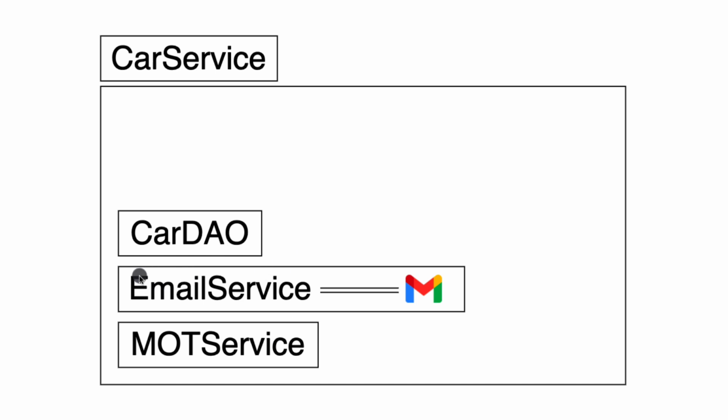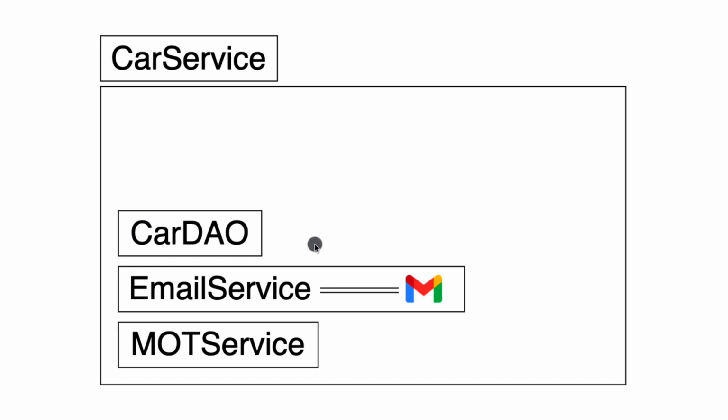Now, if one of these classes changes, for example, email service or car DAO, we actually have to recompile the entire car service class. Moreover, whenever we instantiate car service, in this instance right here, we are instantiating all of these classes in here.